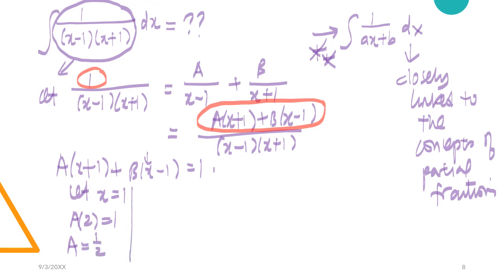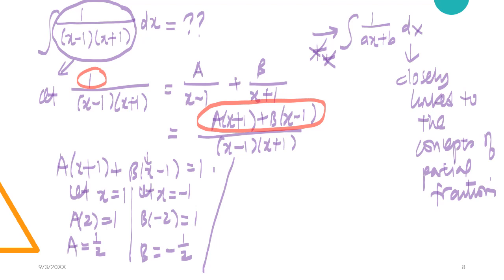Then to eliminate a, I just let x equal negative 1, so a will be gone. So b times negative 2 is 1, so b will be negative half.